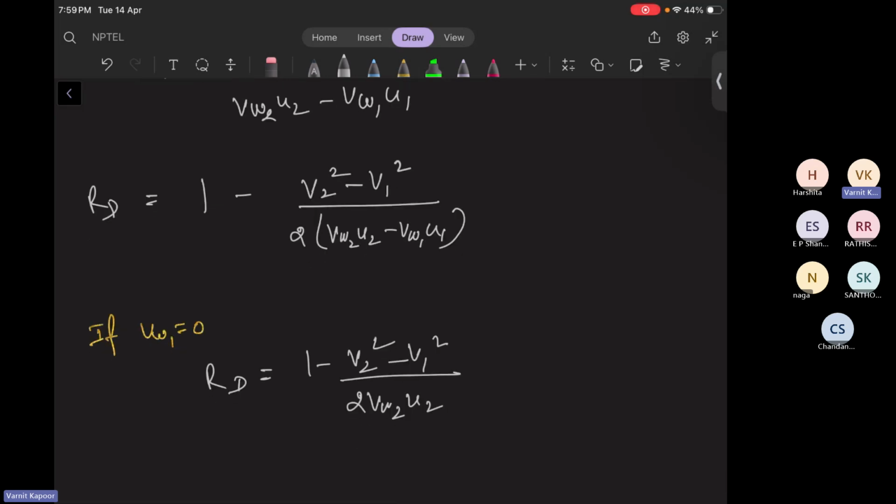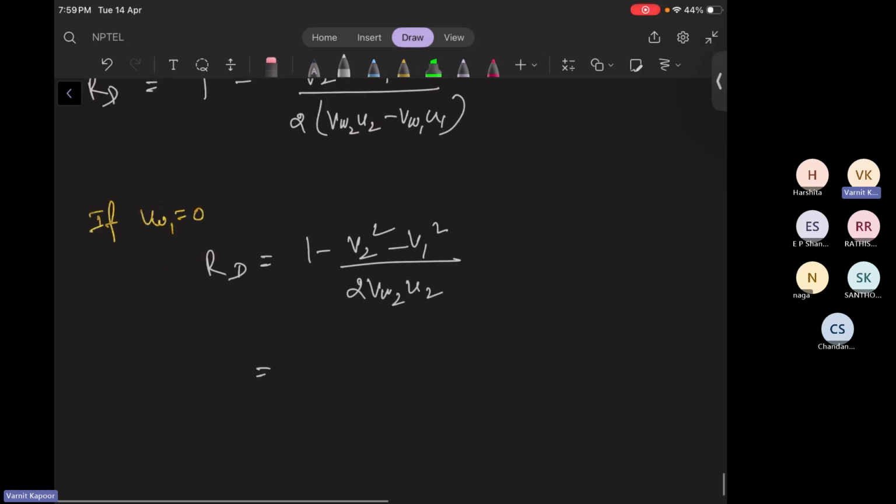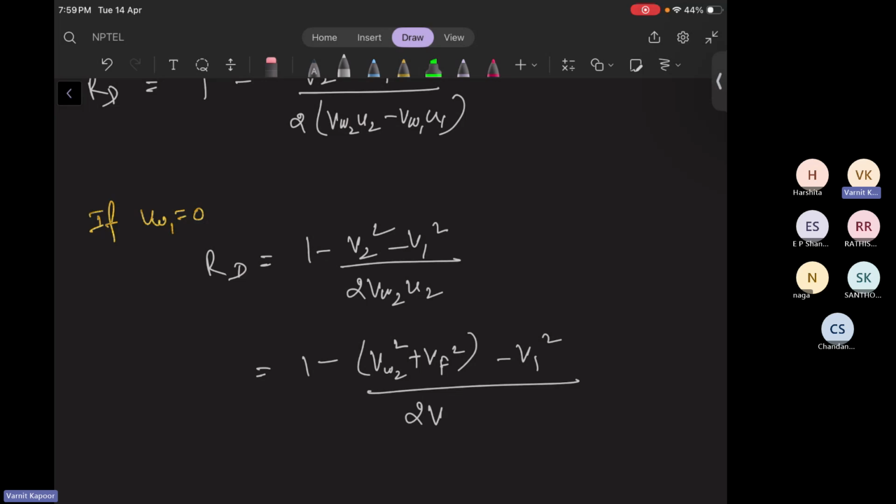And V2 square can also be written as VW2 square plus VF2 square, since absolute velocity is whirl plus flow. So that is 1 minus VW2 square plus VF2 square minus V1 square by 2 VW2 U2.